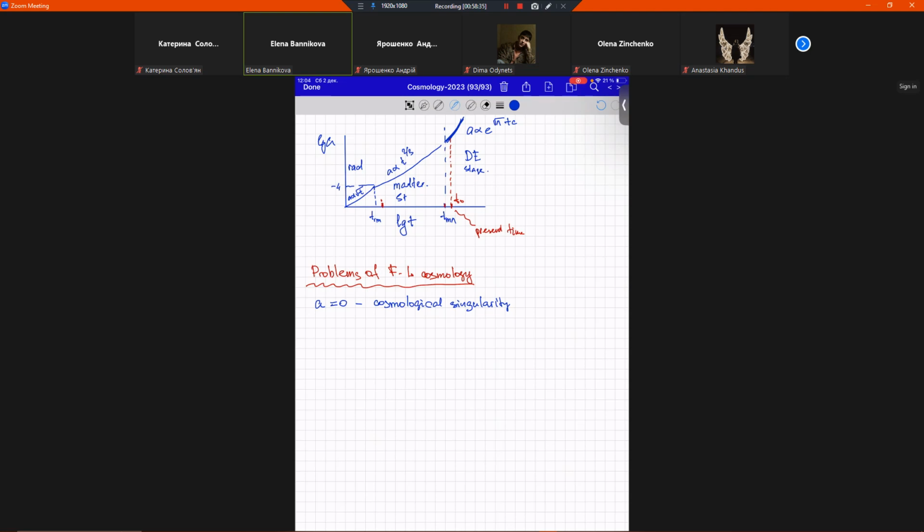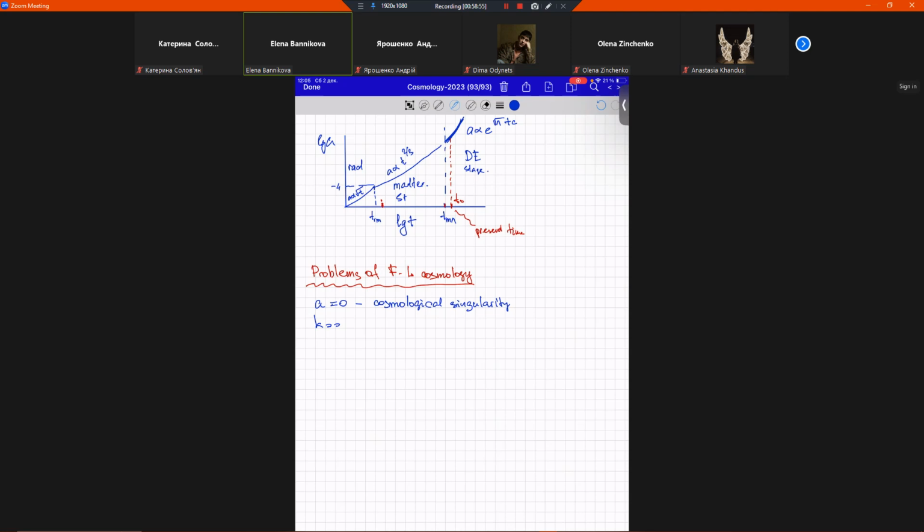The second question, this is the question of why k. Sorry, I didn't consider the case of a universe with a different curvature value, but I don't have the time.